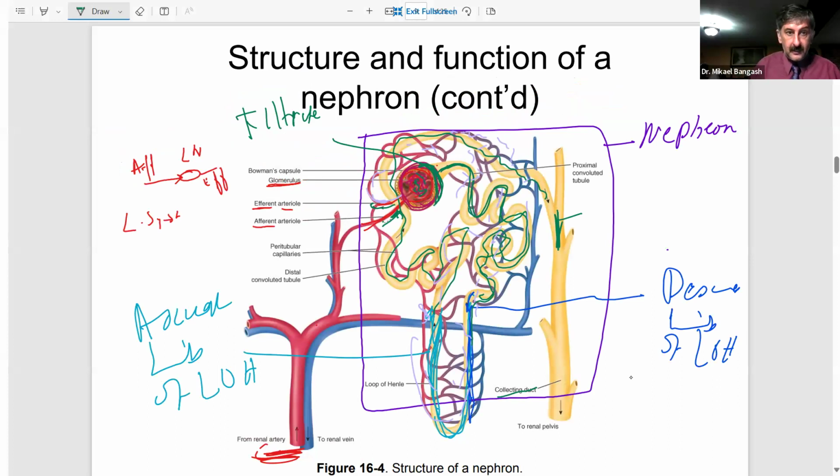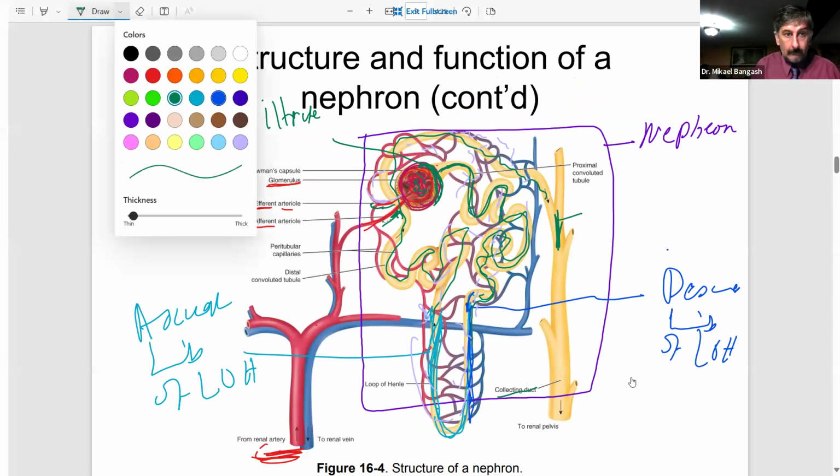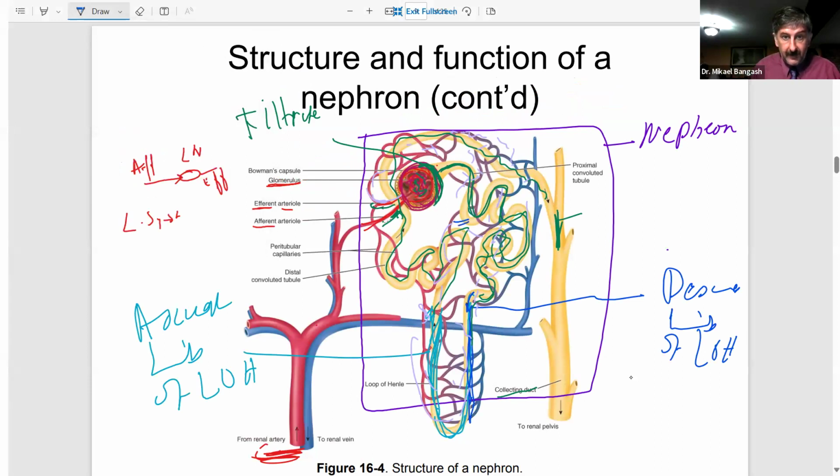Substances that were a part of the filtrate, because they managed to exit the bloodstream at the glomerulus, may now leave the tubular system and get re-picked up by the blood.